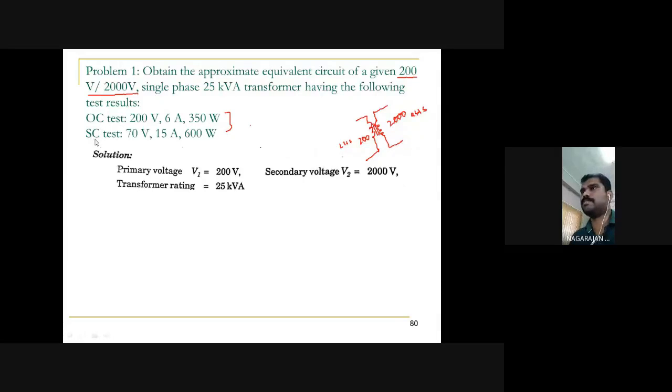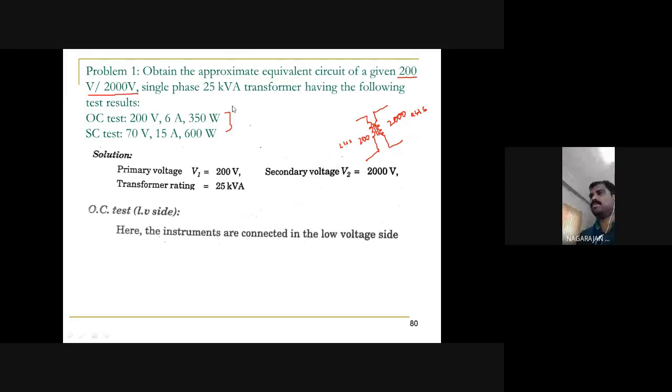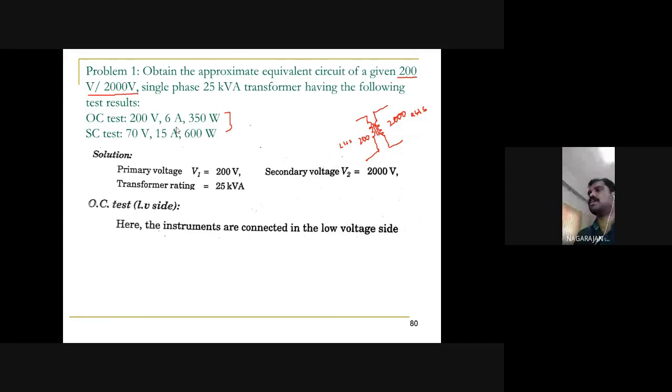Secondary voltage is 2000 volts. Transformer rating is 25 kVA. In the open circuit test, the instruments are connected on the low voltage side because the high voltage side is kept open.